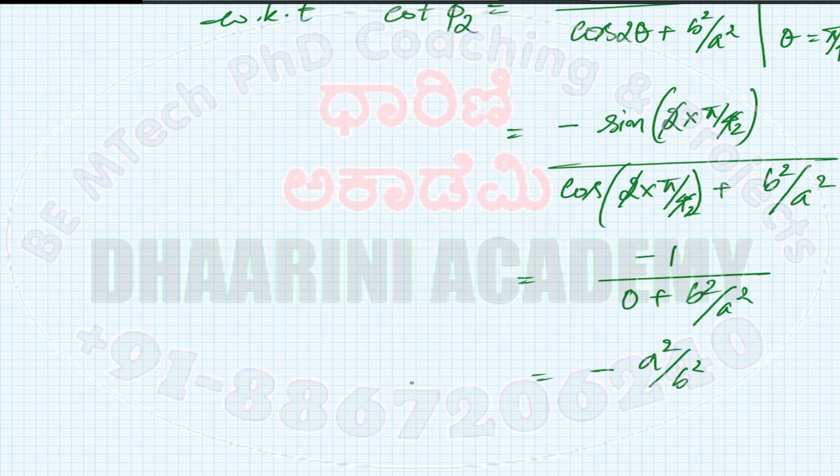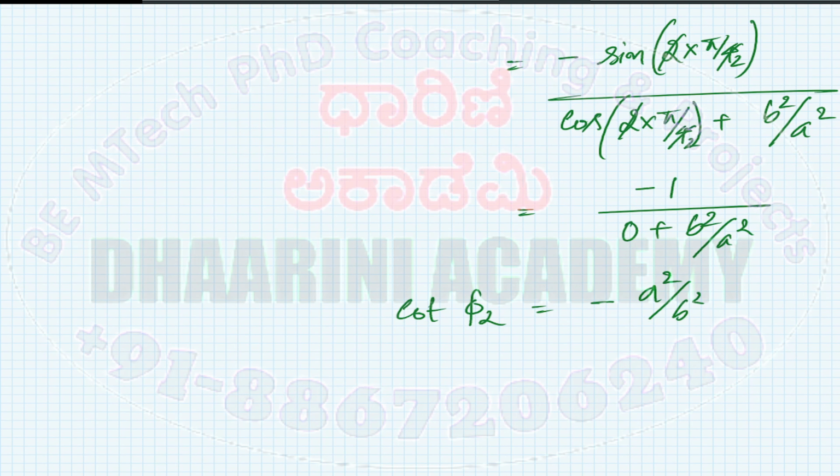This is cot phi 2. Now I can calculate the angle. So this implies phi 2 is equal to cot inverse of minus of a square by b square.